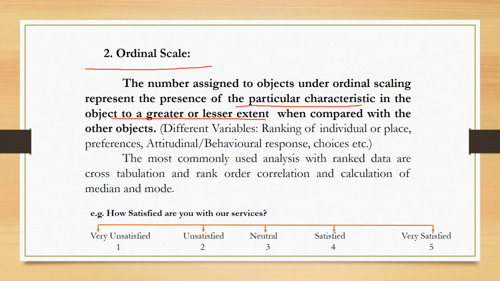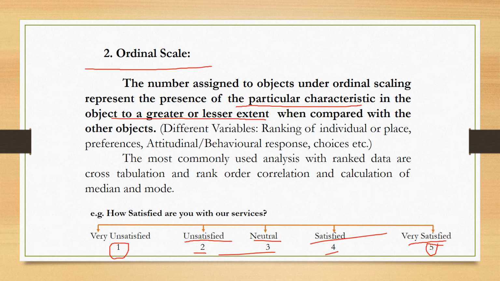In the ordinal scale, very unsatisfied is denoted with 1, unsatisfied with 2, neutral with 3, satisfied with 4, and very satisfied with 5.